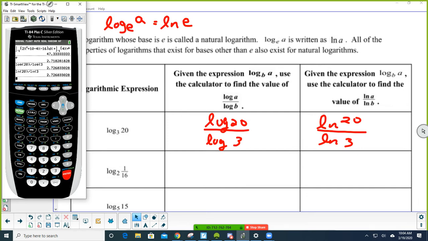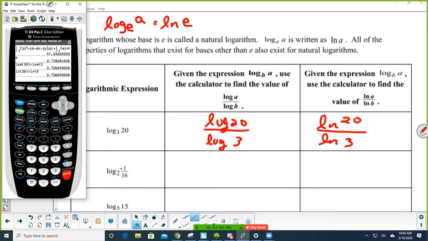I should get the same answer. And I do. So you can use it either way. I tend to use ln more. I don't know why. But notice, they don't cancel out. I couldn't use a log on top and an ln on the bottom, but it's kind of like they do.